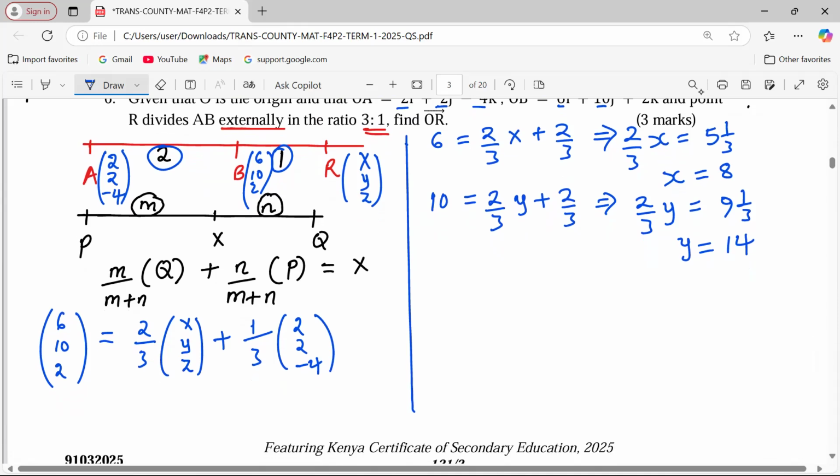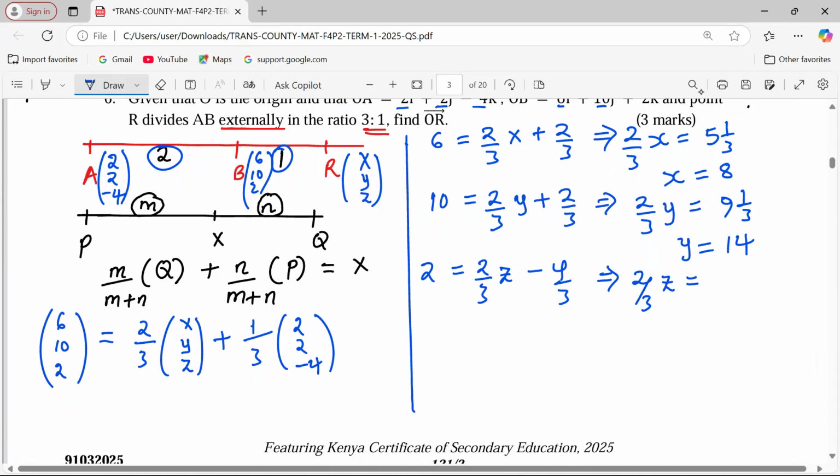Then for Z, we talk about 2 equals 2/3 Z plus, here we are having a 1/3 times -4. That becomes -4/3. So we can talk about 2/3, the value of Z, equals 2 plus 4/3, since 4/3 should be added.